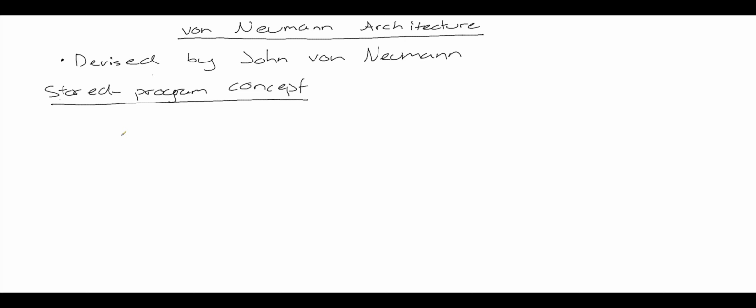program concept. So the von Neumann architecture is a stored program design, and as the name suggests, a stored program computer is one which can store programs in memory as opposed to a computer which is not reprogrammable, and is a computer that only does one specific task.